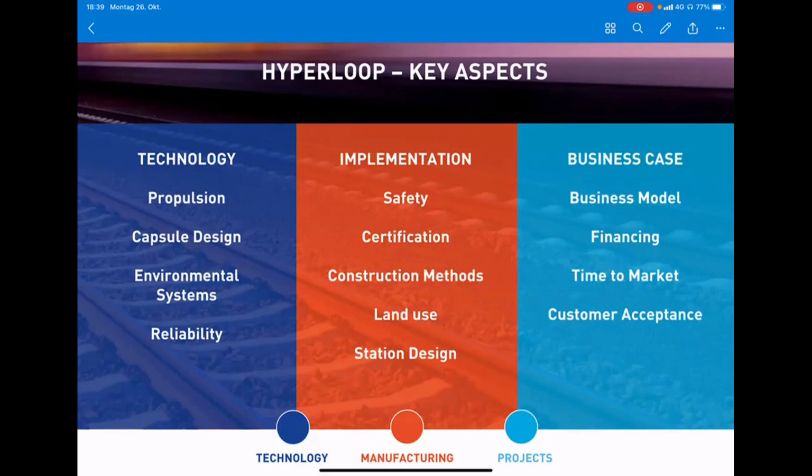This whole reliability and availability of the systems in the capsule, in the tube, are key factors for the safety of the whole system. Without that, it will be very difficult to achieve certification. This certification is key to later be able to transport passengers.